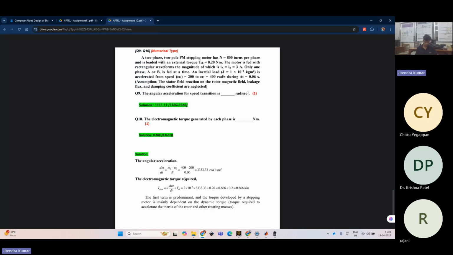So it is still not corrected. 0.533. Rajini ma'am, what is your answer? Two into two. Okay, sir, I am getting 0.533 in that case. I could also remember it like that: 0.2 plus 0.333.